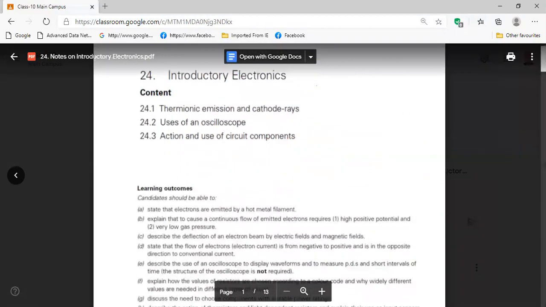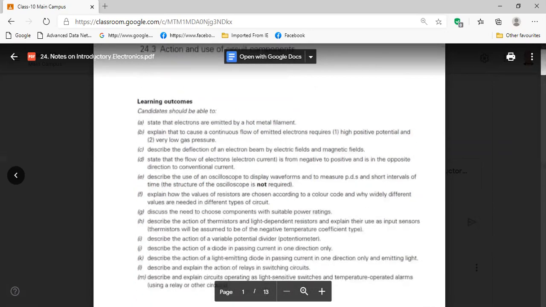It's done early in the morning. Can you read Ziva this one? 24. Which one? Yeah, this one. 24.1. Yeah, 24 Introductory Electronics. And also read the learning outcomes. Candidates should be able to state that electrons are emitted by a hot metal filament.